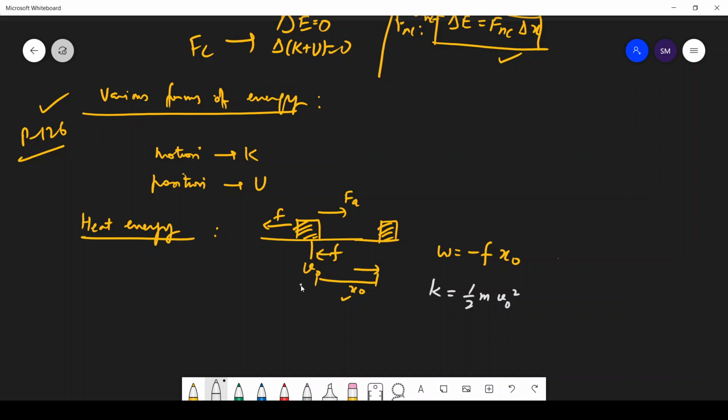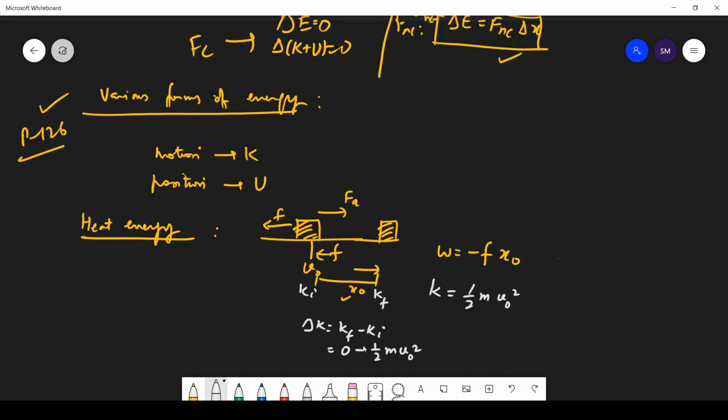This is the initial kinetic energy, this is the final kinetic energy. So the change in kinetic energy is final minus initial, and the final was equal to 0, the initial was half m v naught square, so the change is minus half m v naught square.